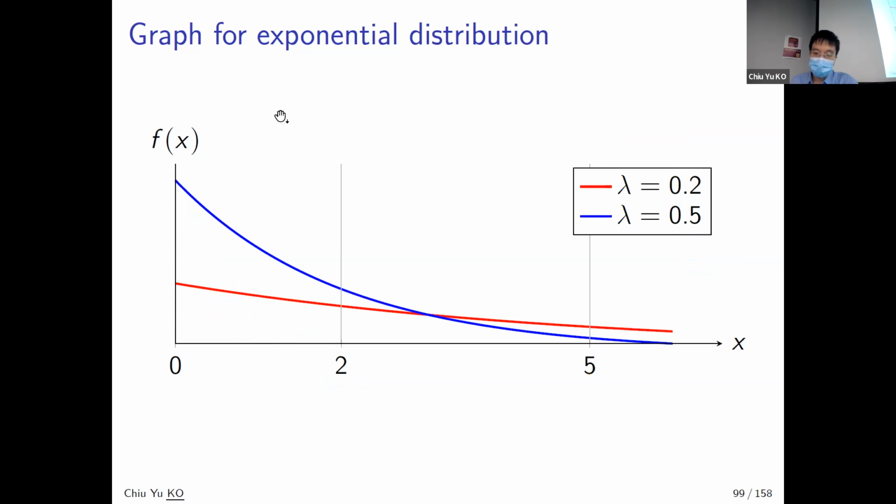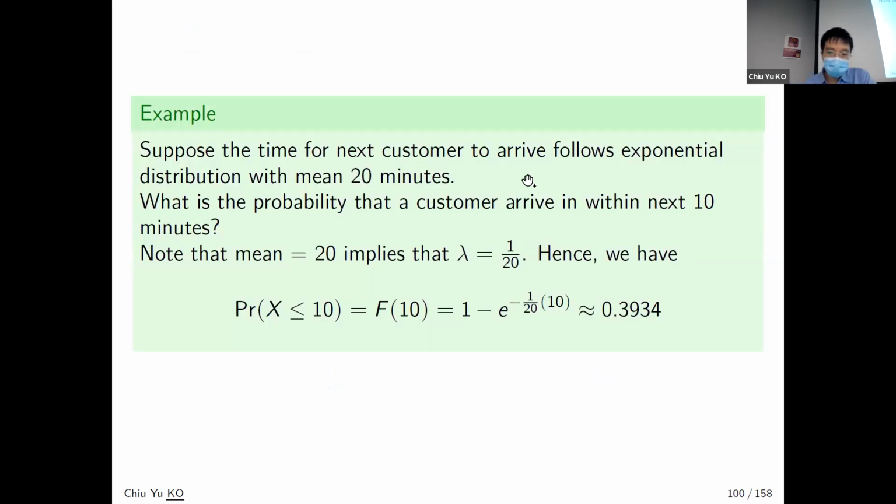But I guess it's good to look at the example. Okay, so this example is rather similar. Well, simple: we have a customer arriving, following an exponential with 20 minutes. Again, you would ask how I get this 20 minutes. Look at data, look at the average time for a customer to arrive.